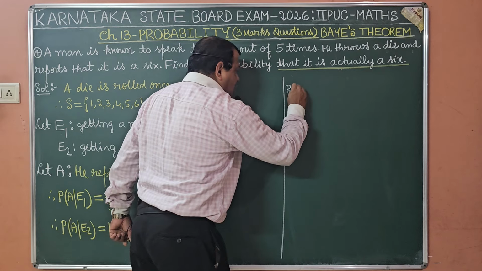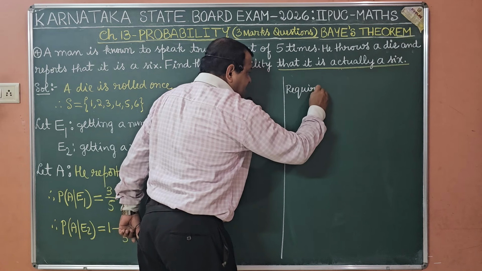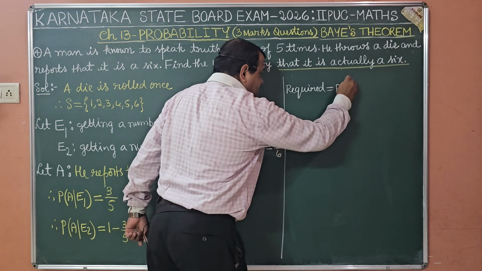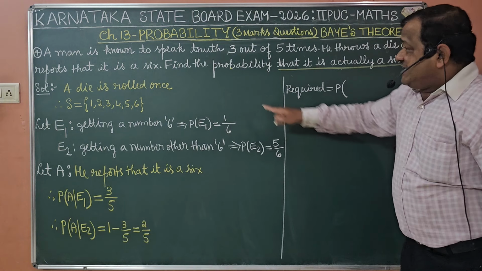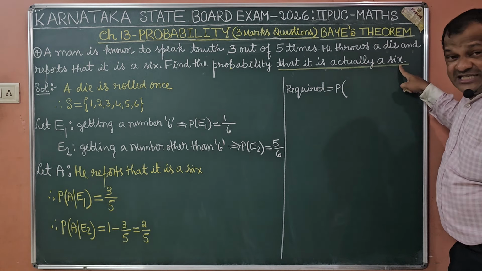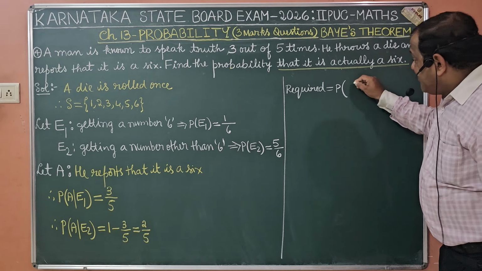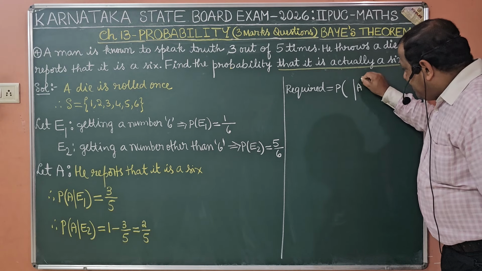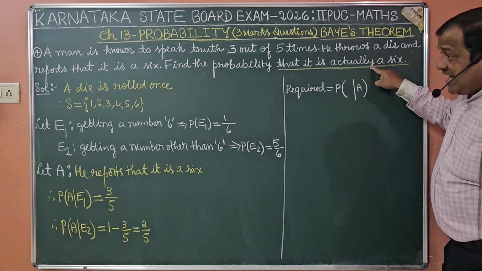Now the remaining part I will continue over here. Let us see what is required. Read the last sentence: find the probability that it is actually a 6. It means event A took place, and it is actually a 6. Getting number 6 is E1.